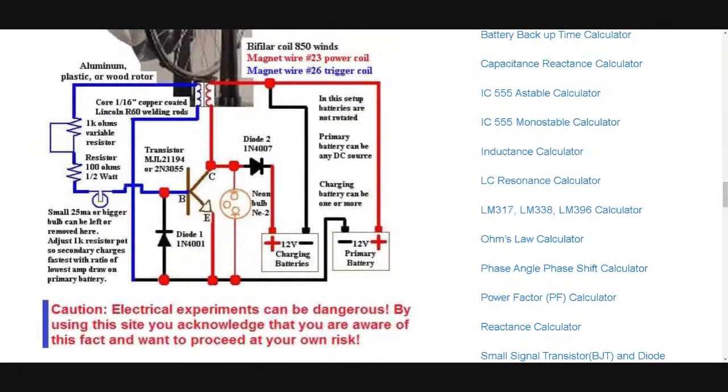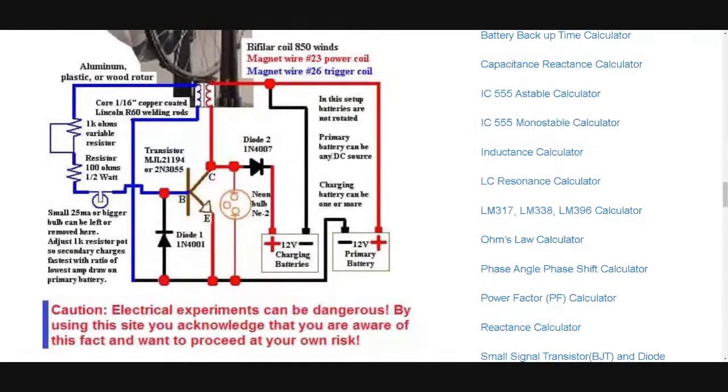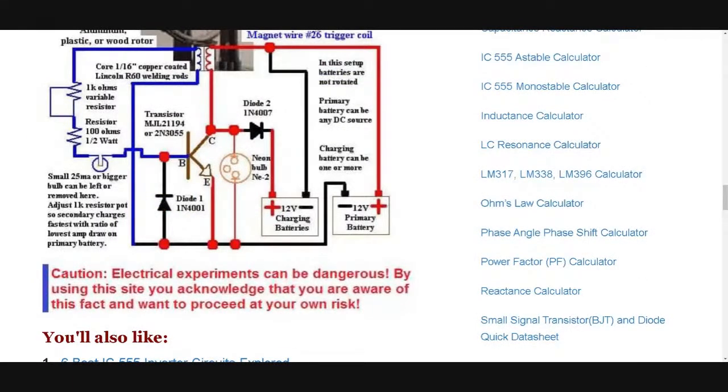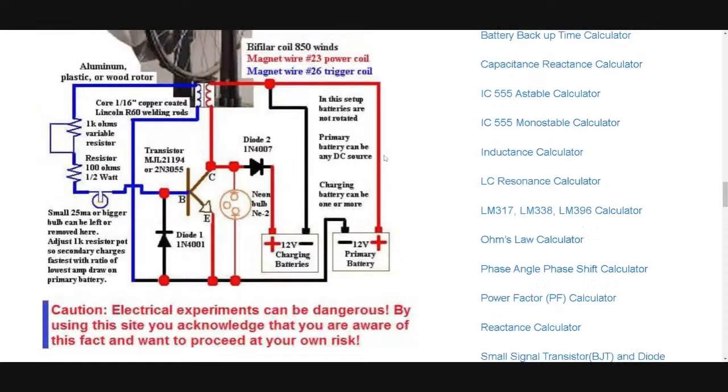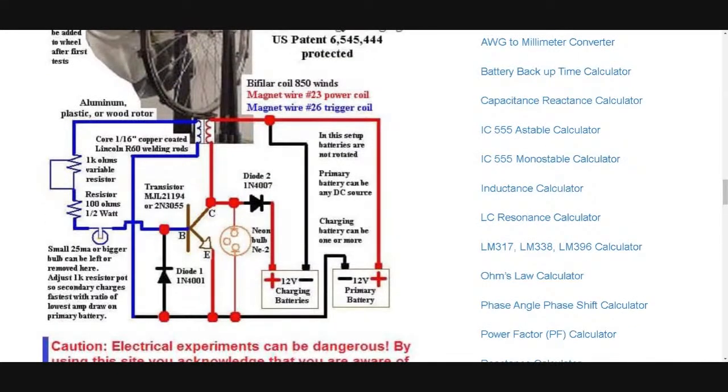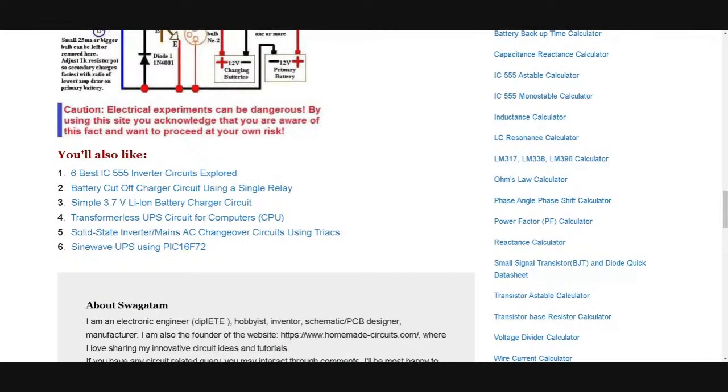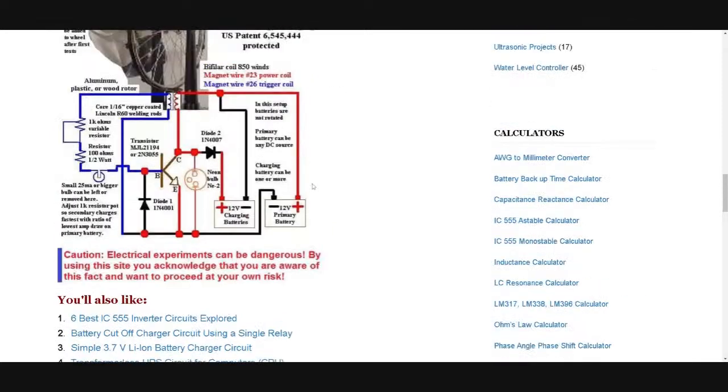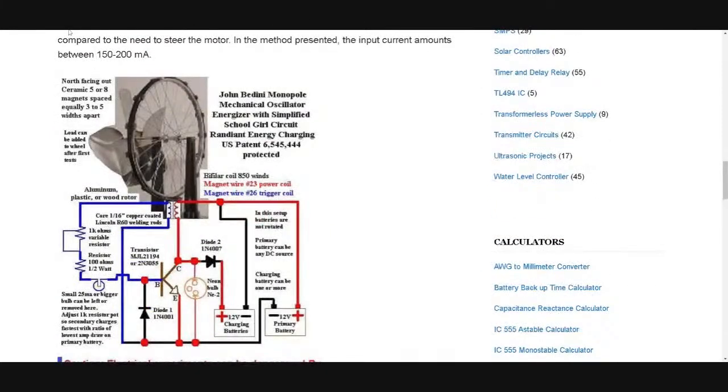Now you can see this circuit is the Bedini circuit that we're all familiar with. What am I missing here? Okay.